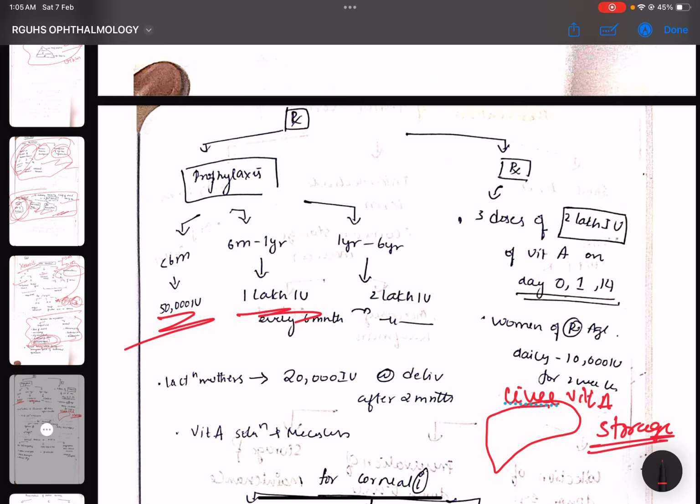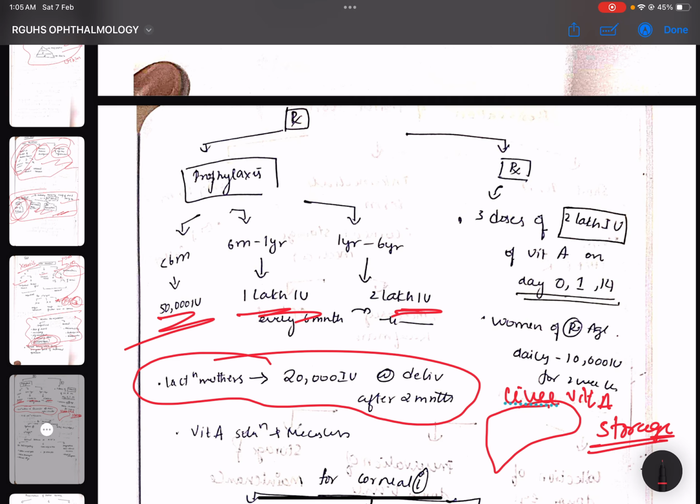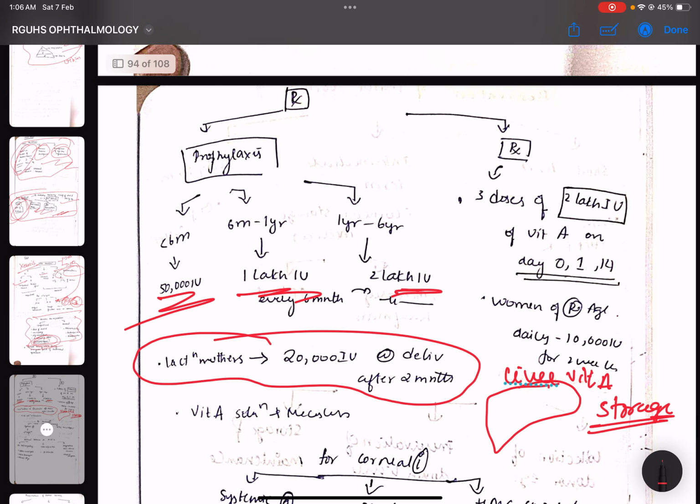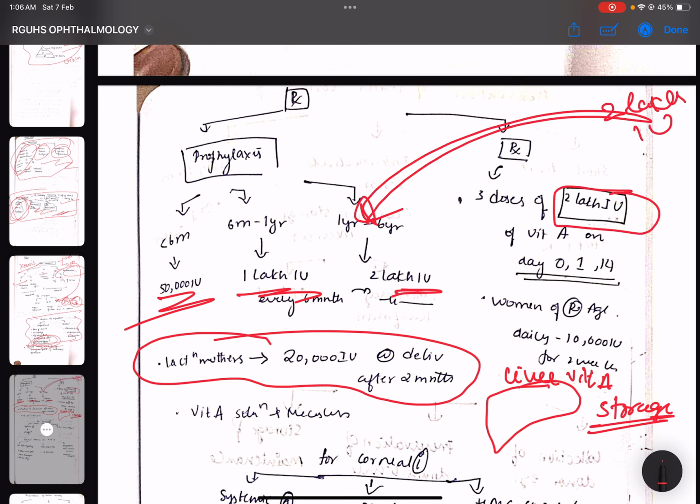But if it's a 1 to 6-year-old child, then the capacity increases to 2 lakh international units. For a lactating mother, since she can also ingest vitamin A, this is the prophylactic dose we keep. But if it's a treatment protocol, this is the dose you have to give, that is 2 lakh international units, which is roughly equal to the prophylactic dose you give from 1 to 6 years, because the capacity of the liver, that is the storage form, is also something which you are treating.